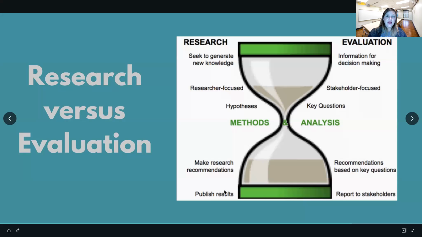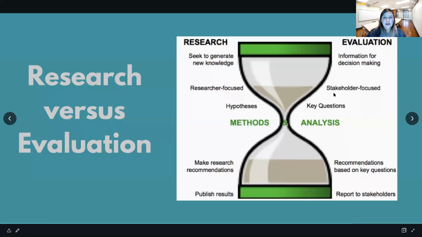Evaluation has a more practical purpose. So the information that we're looking for is to make decisions. It's stakeholder focused, so it's not just the researcher who is making decisions or is important, but there are other people who have an interest in the question.